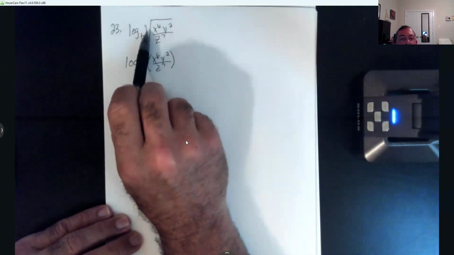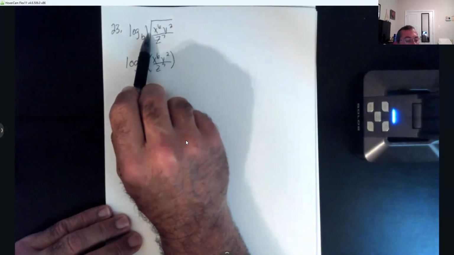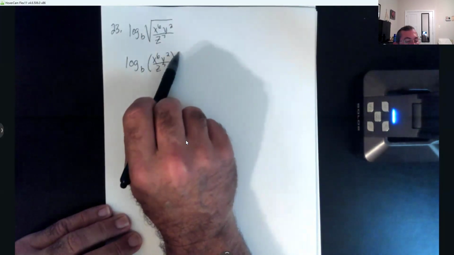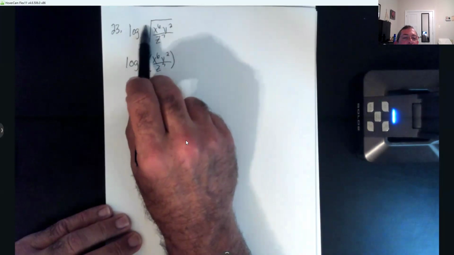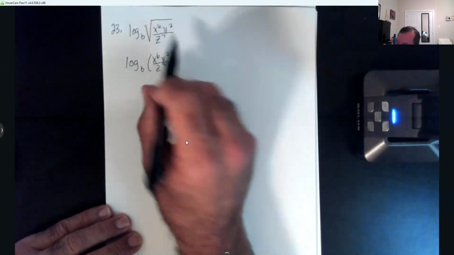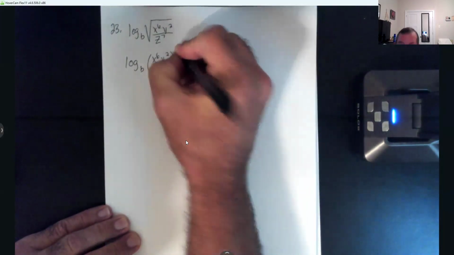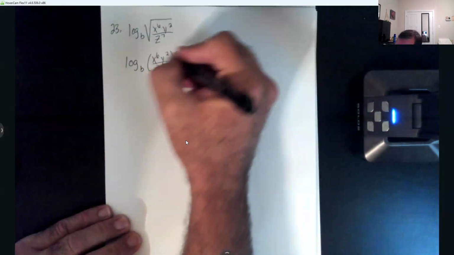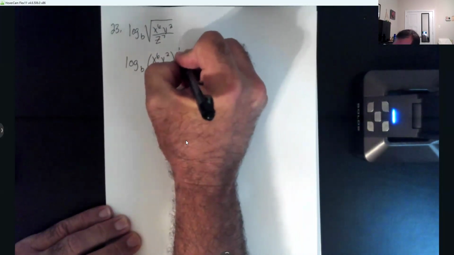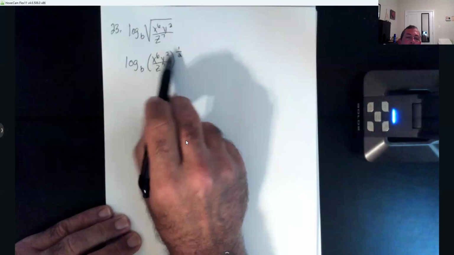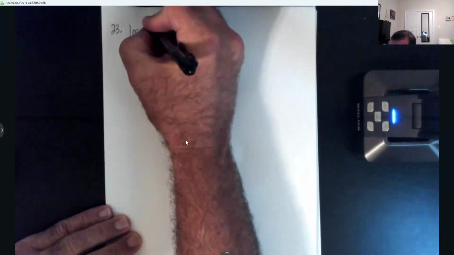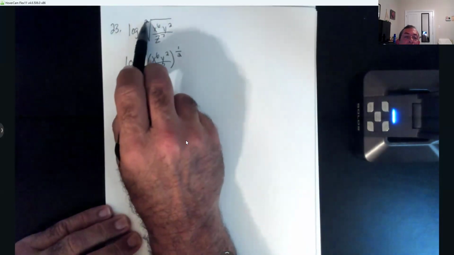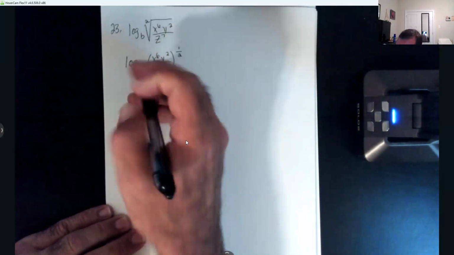Now, if I'm going to change this from a radical to a fractional exponent, what exponent would this radical give me? A 1/2. Good job. Y'all remember, it's got to have a 1 on top when you put it outside parentheses like this. And if there's not a number shown in the notch, you got to treat it like a square root and make that a 2.